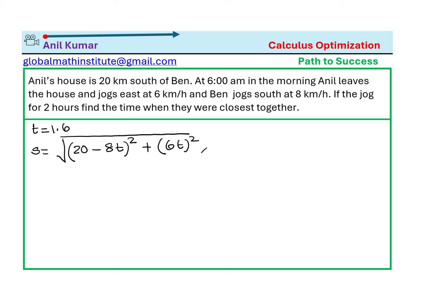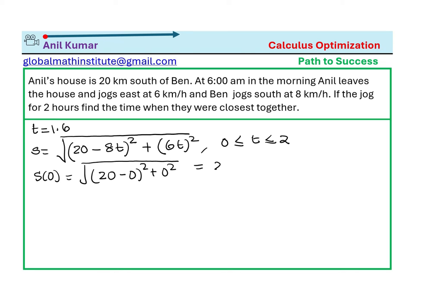We also know that t is between 0 and 2. Correct. So we'll plug in 0 first. So we get the square root of (20 minus 0) whole square plus 0 square, which is the square root of 20 squared, or 20.